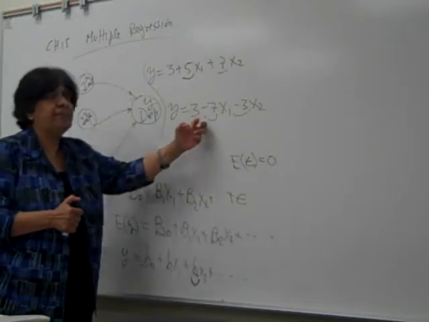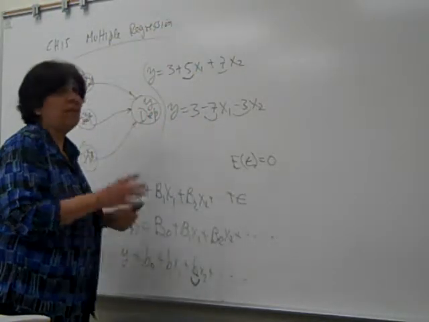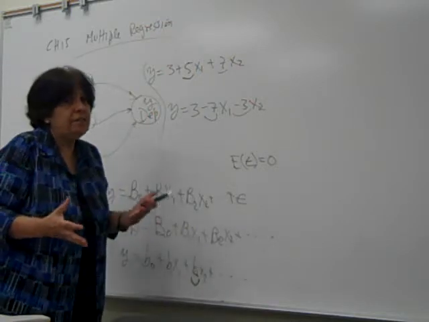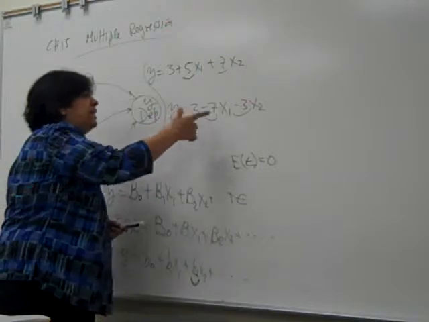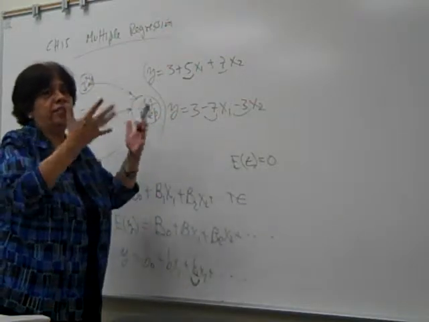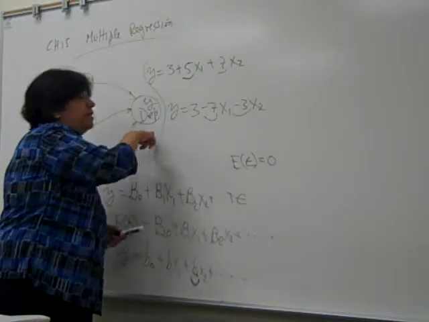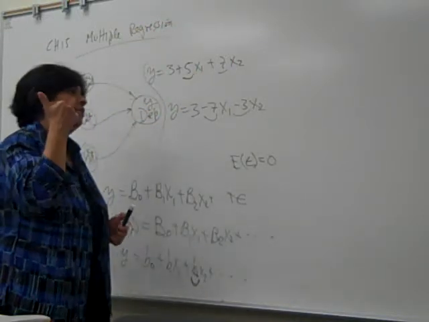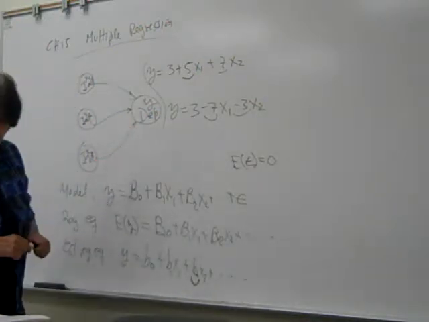So basically that's the interpretation of these parameters, my b's. And the same thing happens in simple linear regression. The b1 is exactly the slope, and the slope tells you how much my dependent variable would change every time that I change my independent variable by 1 unit.